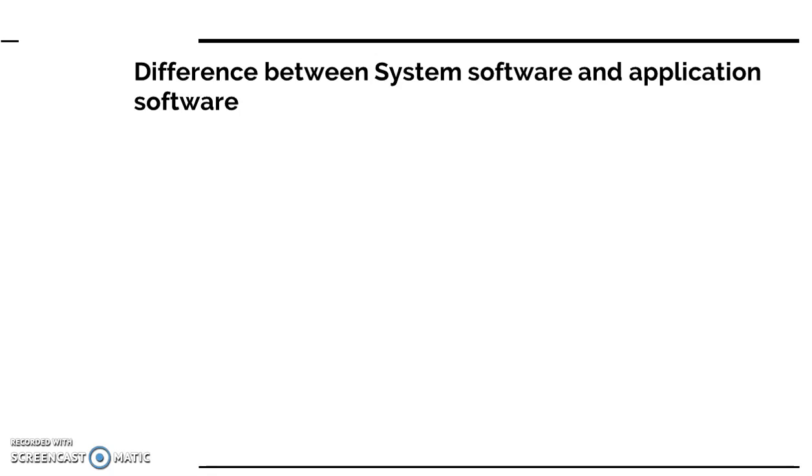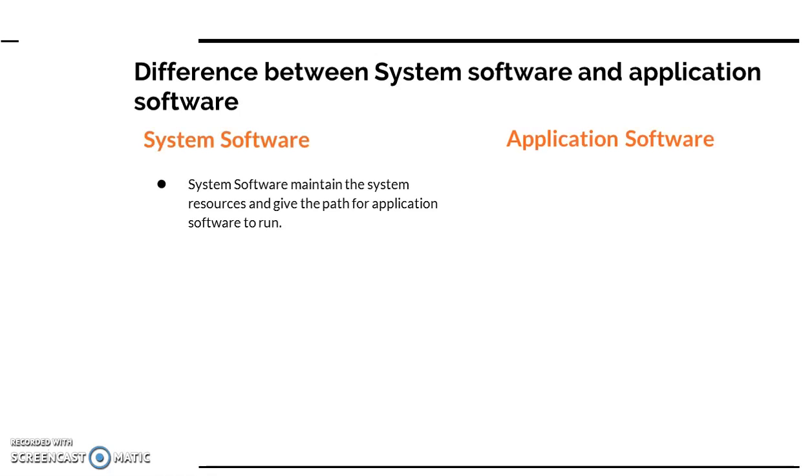Now let us understand the difference between system software and application software. System software maintains the system resources and gives a path for application software to run, whereas application software is built for specific tasks. For example, using VLC media player, I can watch only movies, I cannot play games with it.